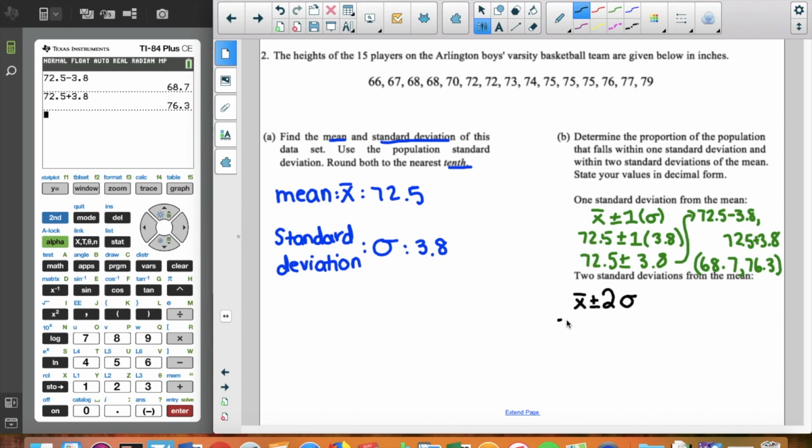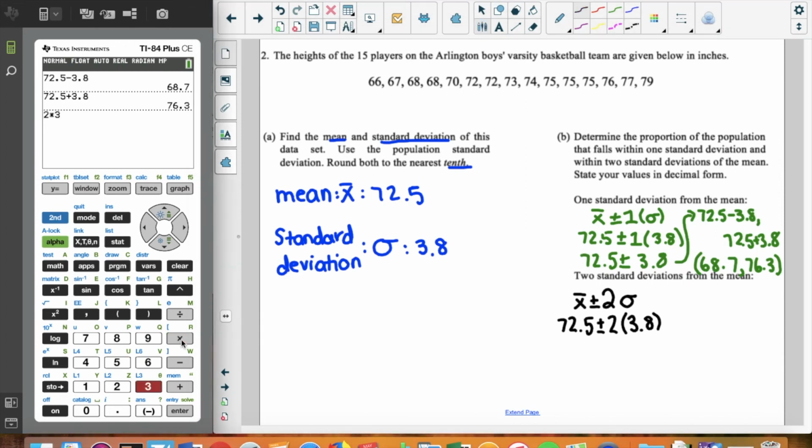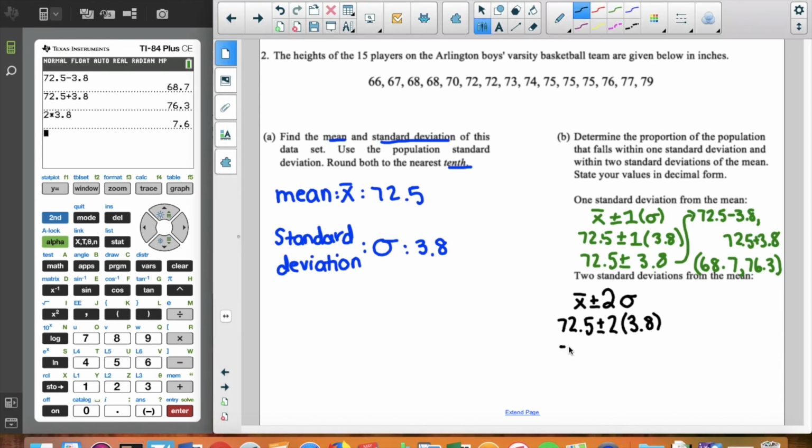The mean was 72.5 plus or minus 2 times 3.8. I like simplifying everything before I split it up, so we have 72.5 plus or minus 7.6. Again, this could technically be your answer, but we are going to get the full range.